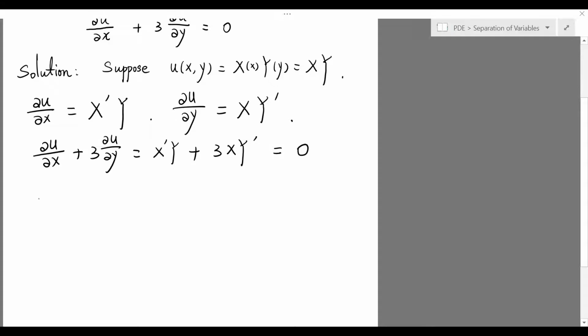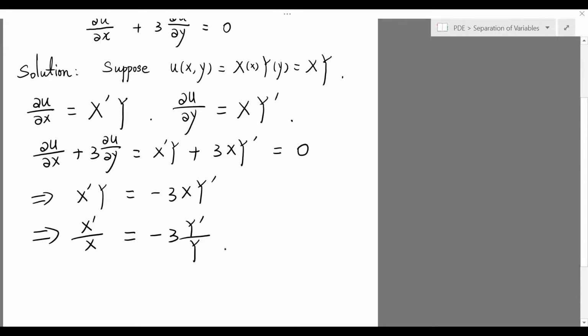Or equivalently, we should have X prime Y equal negative 3 X Y prime. If we divide both sides of this equation by capital X times capital Y, what we are left with is X prime divided by X equal negative 3 times Y prime divided by Y.